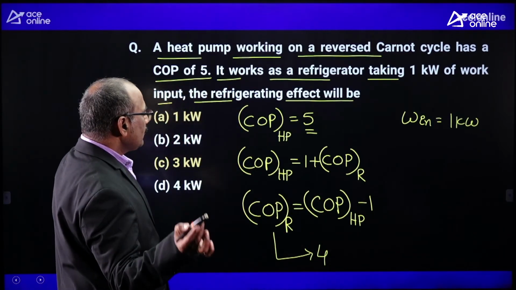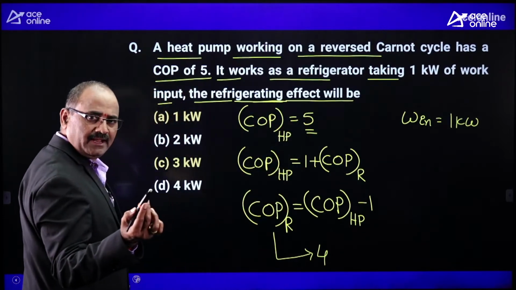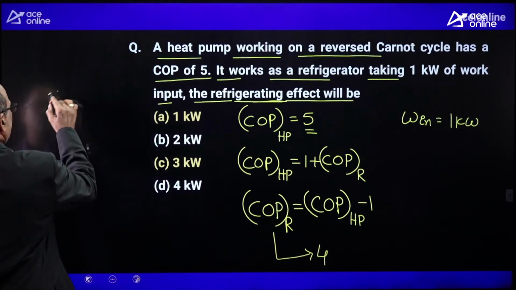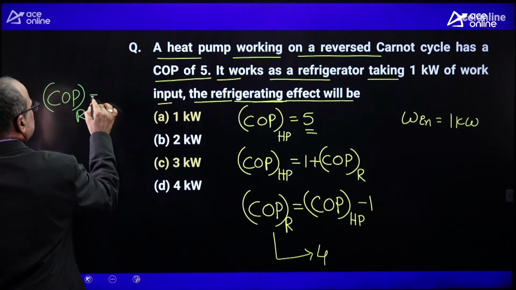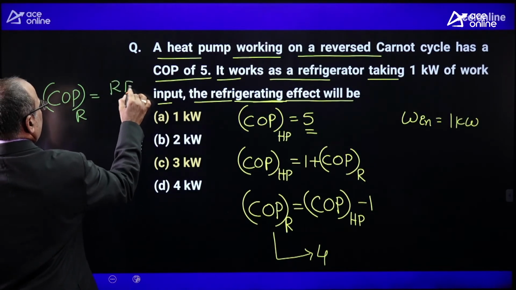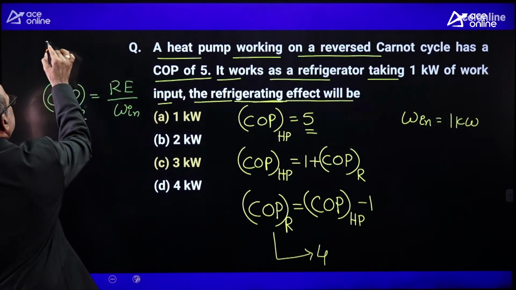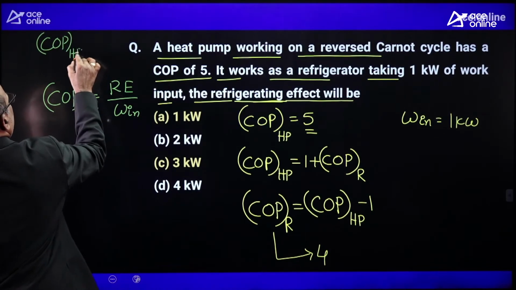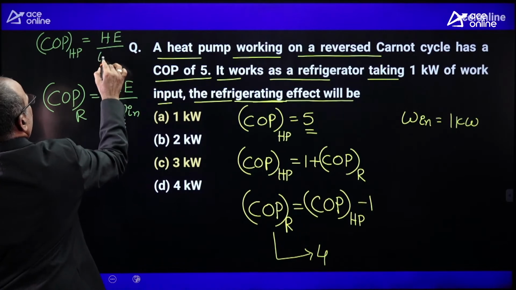Okay. What you are asked to find? You are asked to decide the refrigeration effect. It can be decided like this. As you know, the COP of the refrigerator is equal to refrigeration effect dividing by work input. Whereas COP of the heat pump equal to ratio between the heating effect and work input.